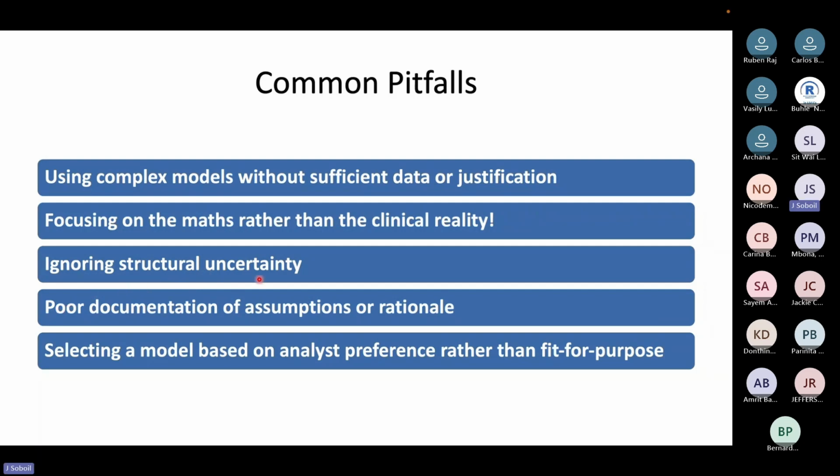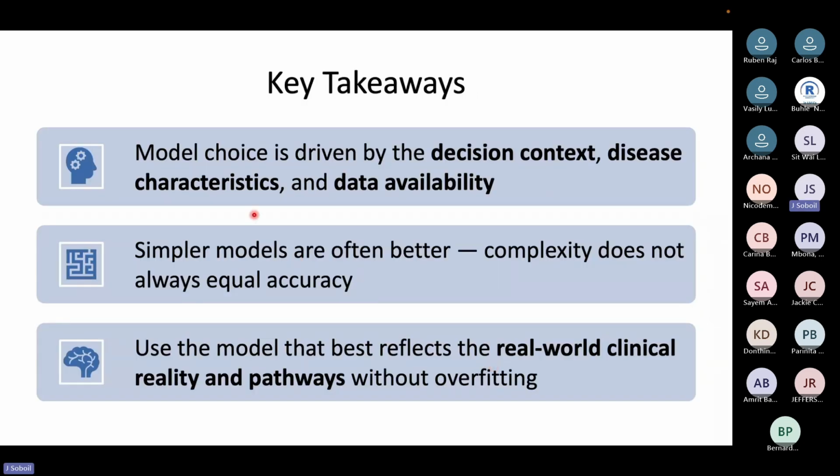It's also really good to always document all of your assumptions or reasons for implementing the structure you did. And then another pitfall is selecting a model just based on your own preference rather than whether it's fit for purpose or not. So key takeaways: model choice is driven by the decision context, disease characteristics, and the available data.